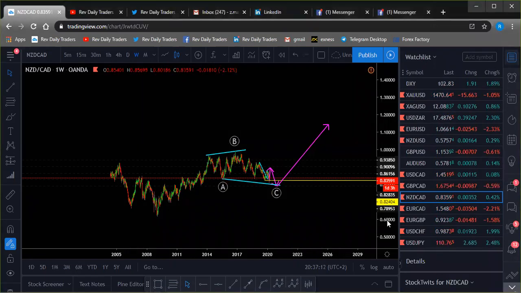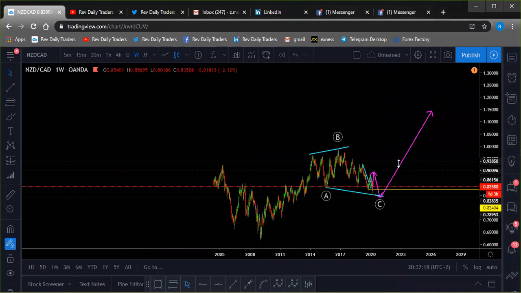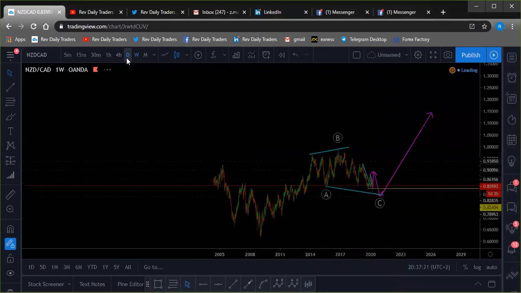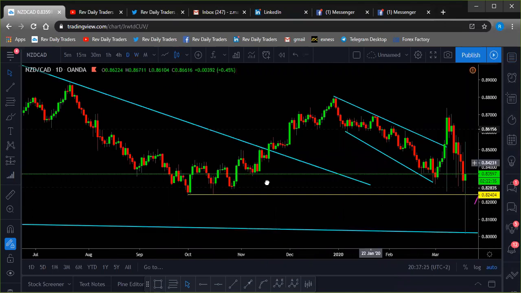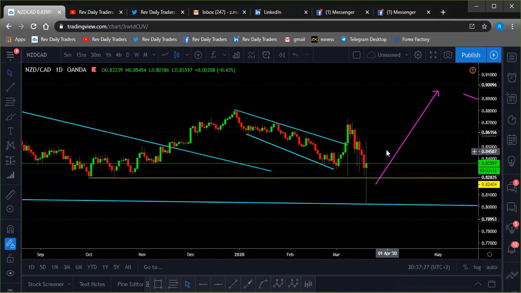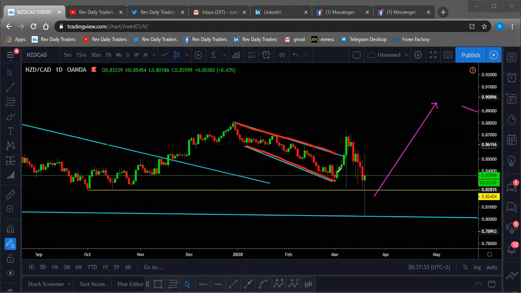Okay, on lower time frame. Then on lower time frame, if you can check, this is daily. This pattern, if you buy it here, you got that profit.